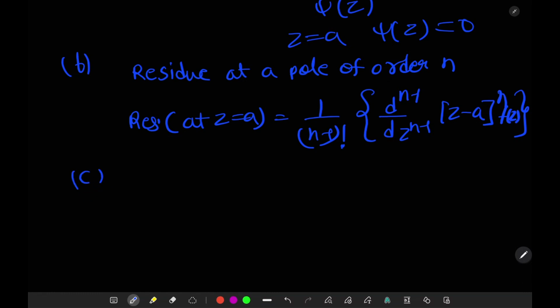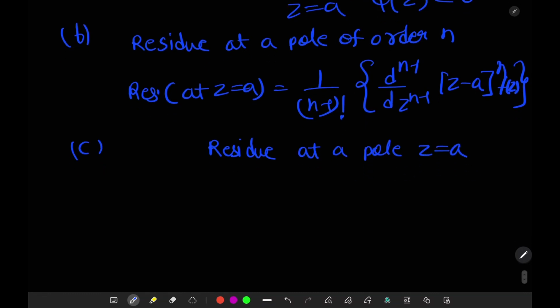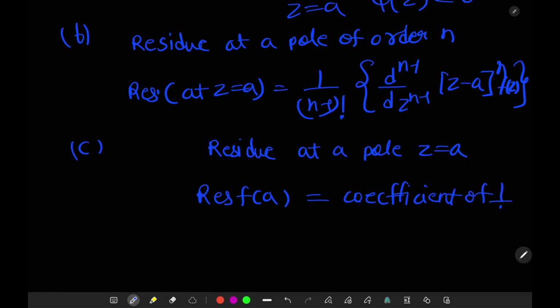Now the residue at a pole z = a of any order. The residue of f at a is the coefficient of 1 by t.